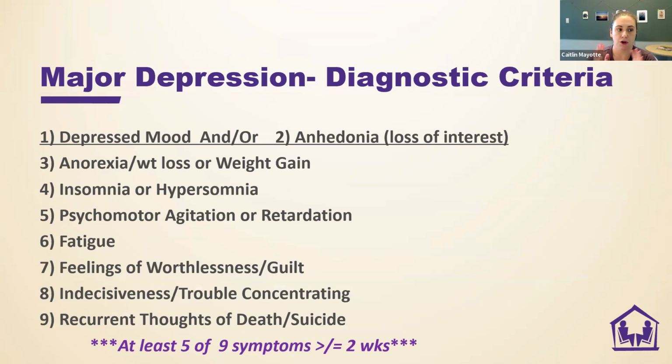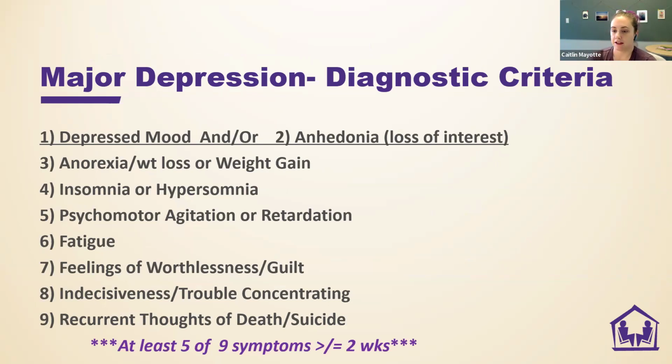Okay, so I will go through the differences between major and minor depression just so that you have it, and if that nuance comes up during your training, you have it, and if not, you can ignore me. Listed here are the 9 different symptoms that count as diagnostic criteria for depression.